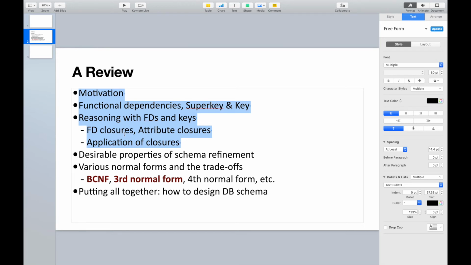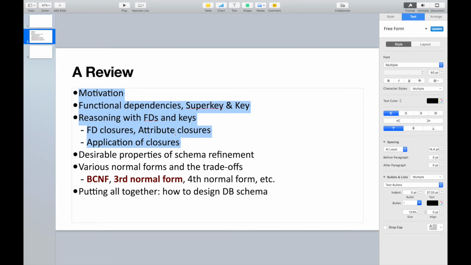Instead, we prefer to use attribute closures, which are more powerful and more useful. With the attribute closure, we can derive or find more FDs, and we can also find the keys for the relations. I hope you still remember how we compute the attribute closures with the iterative algorithm we showed in the last lectures.